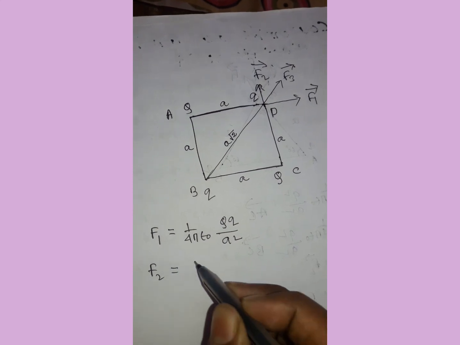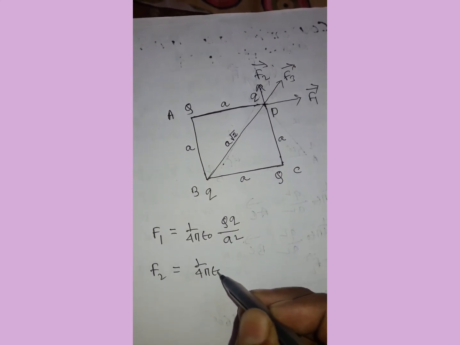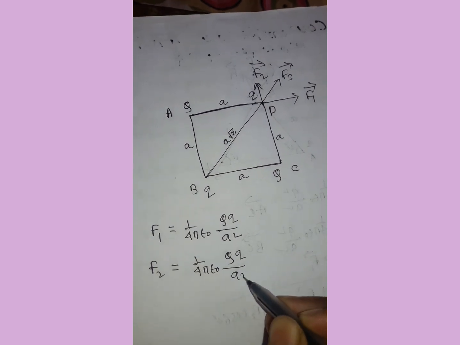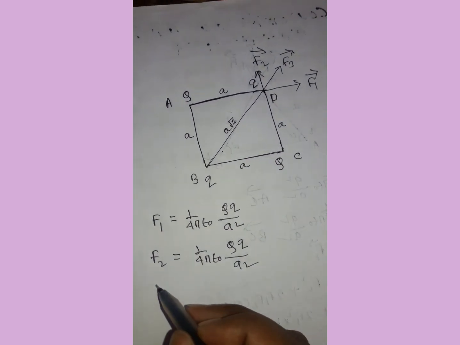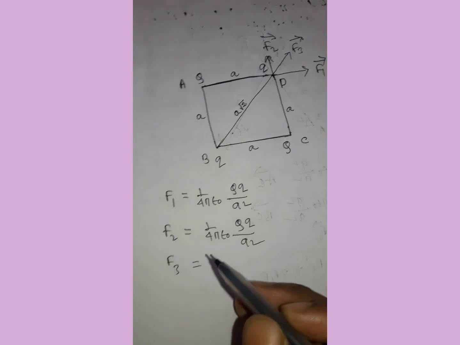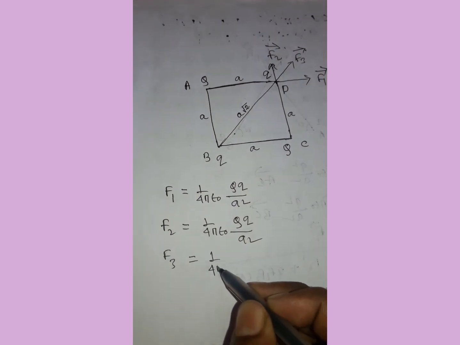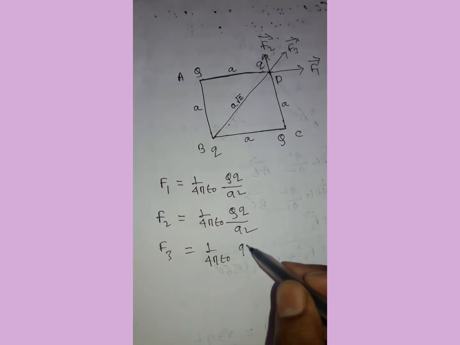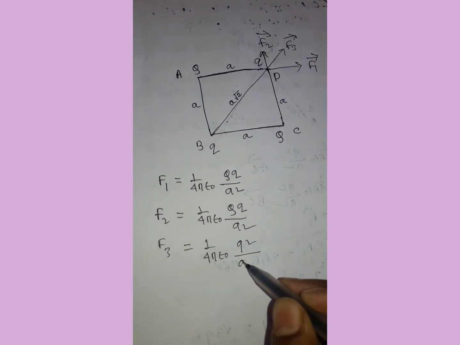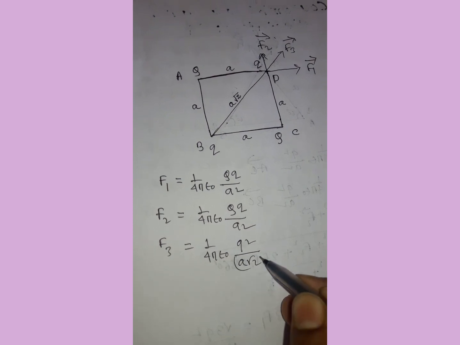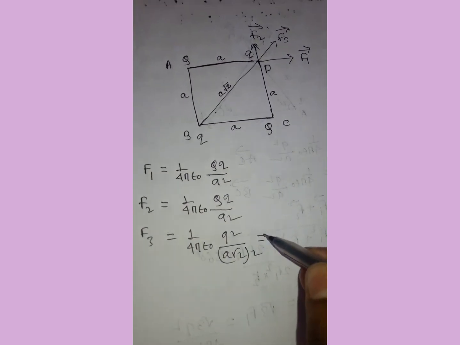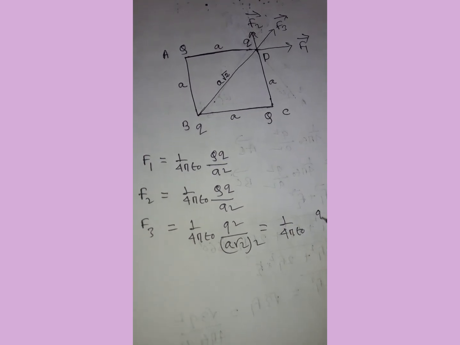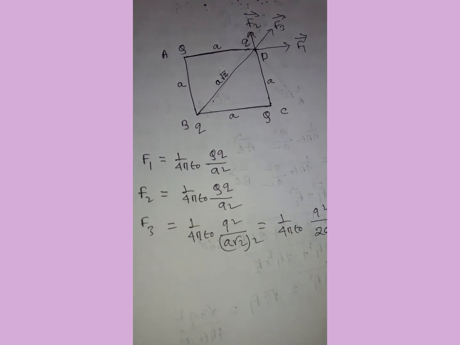F2 equal to 1 by 4 pi epsilon naught, capital Q into small q by a square, and F3 equal to 1 by 4 pi epsilon naught, q square by a root 2 whole square, that is, 1 by 4 pi epsilon naught, q square by 2 a square.